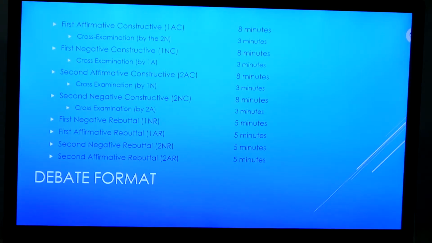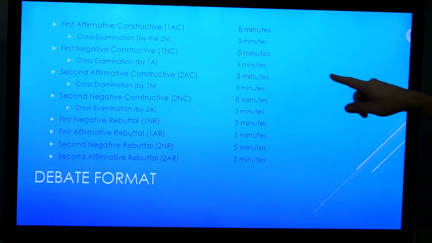So this is the whole round. It takes about 90 minutes. The only thing that I didn't put on here is your preparation time for writing your speeches. At the beginning of the round, each team gets 5 minutes to write all their speeches. The 1AC you already have written, so you don't have to use any time for that.